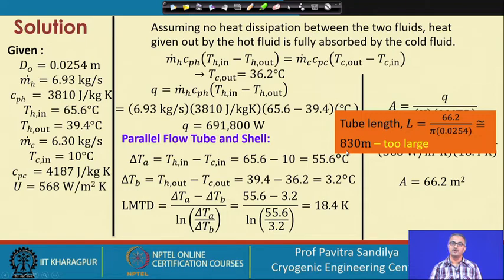This is way too large for being any of practical use. So, that is how we find that in this way, one by one we consider different types of arrangements to figure out what is a feasible dimension of the various tubes and shell and the heat exchanger.